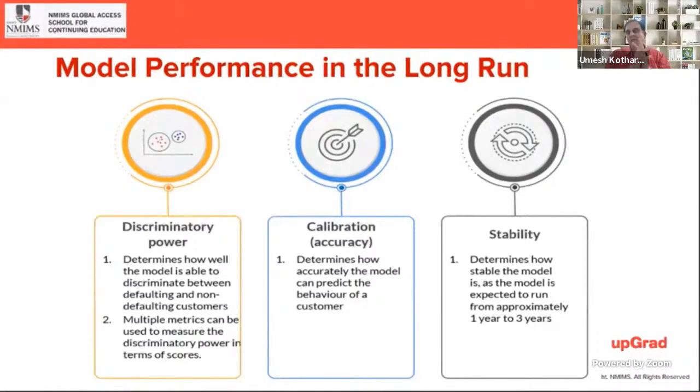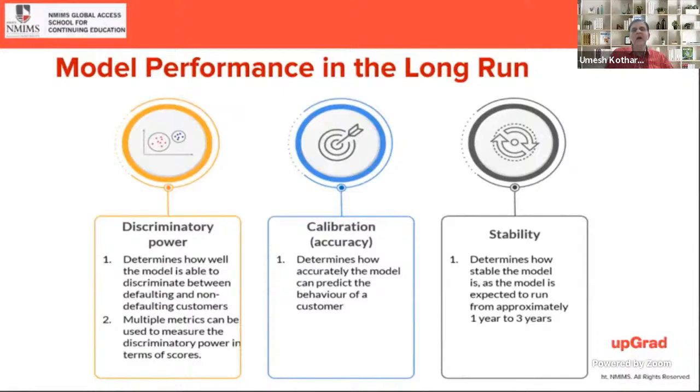And your model should be able to throw that. It could be overridden, which is a separate story, but a comprehensive range of variables needs to come in for the model to give you this discriminatory power between accept and reject, or between a good versus a bad customer, if I can use those words.